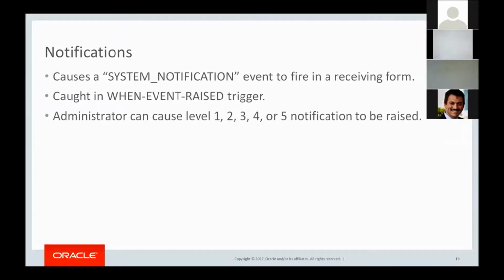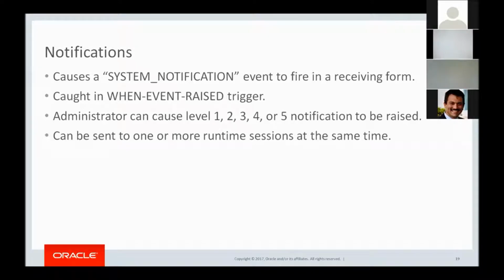This is just about the administrator making a decision to send something to the running forms applications. And that something is decided by your organization at the time that the application is developed. These messages or notifications can be sent to one or more running runtime sessions, which means if you want to send something to just one user, you could do that. If you want to send a message out to all the running users, you could do that.